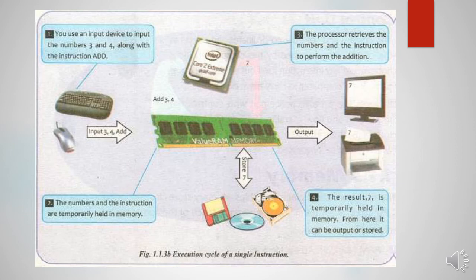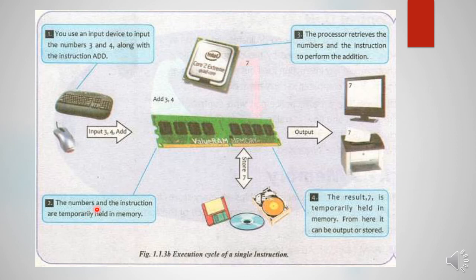Here is an execution cycle of a single instruction involving the working of RAM. This example has been taken from your book. In this diagram, you use an input device to input number 3 and 4 along with instruction add. So these are input devices and the inputs are 3 and 4. Operation is add.